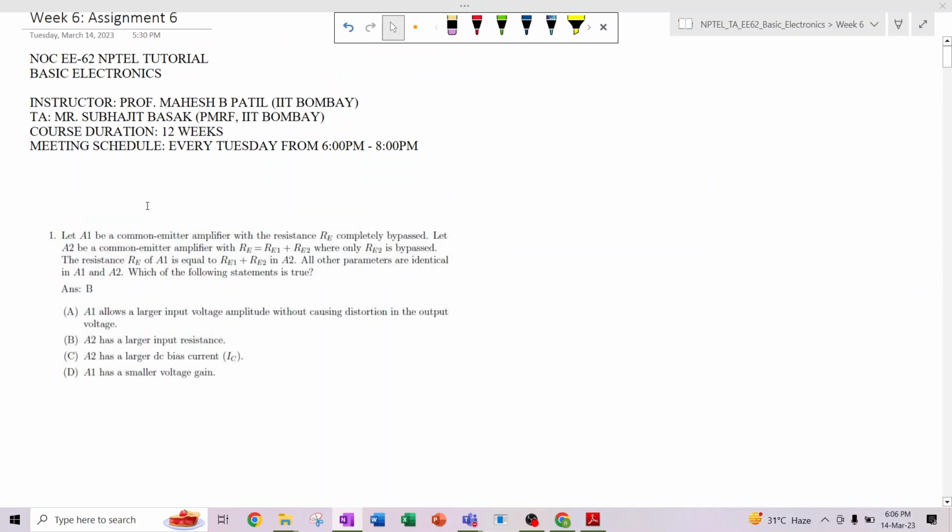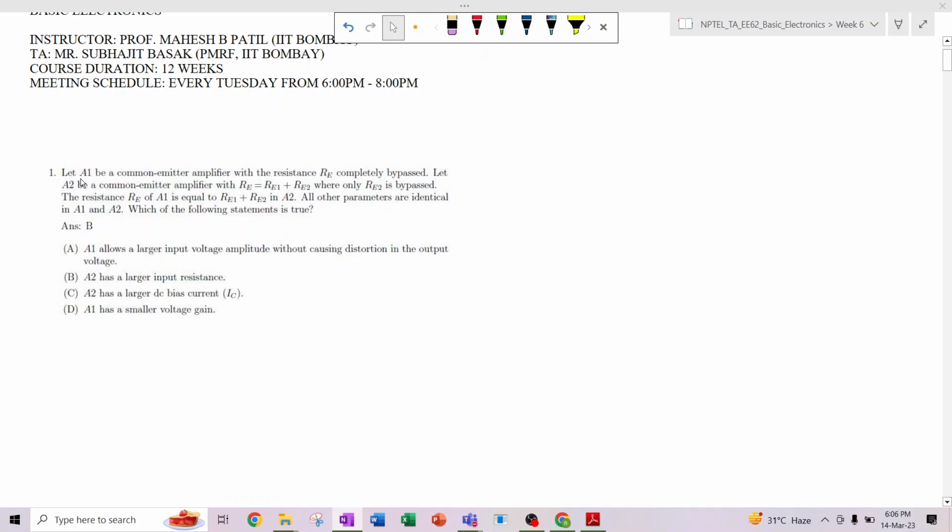So here in the first problem, it is said: let A1 be a common emitter amplifier with the resistance RE completely bypassed. So at first I would like to draw the configuration of a common emitter amplifier as we have discussed in the earlier class.